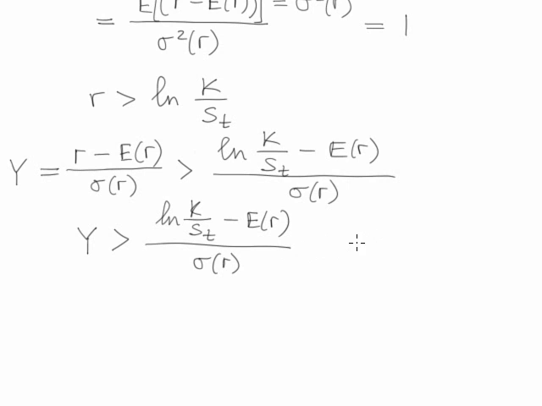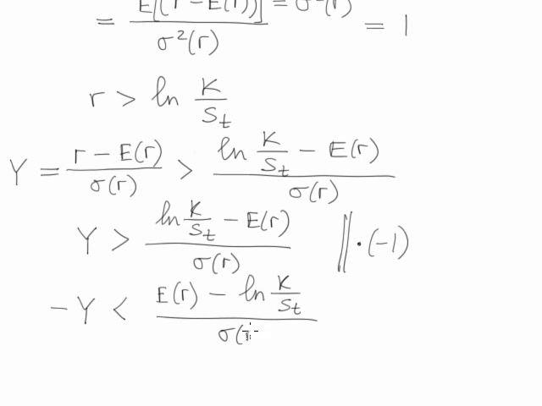I multiply by minus 1, so I get minus y, and since I multiply both sides of the inequality by minus 1, its sign should change, and here I get ER minus log K divided by S_t, over sigma R.